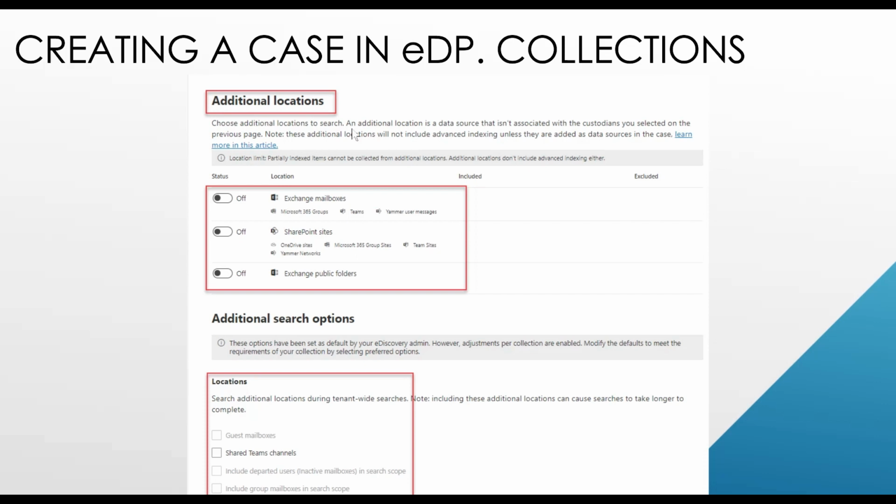So if you're not able to identify any particular inactive mailbox or departed user, you can simply come in here and select this option. It will go through all of them. I repeat, all of the departed users, unless you specify them in the earlier configuration when it came to the data sources. Okay, so just be wary of that.